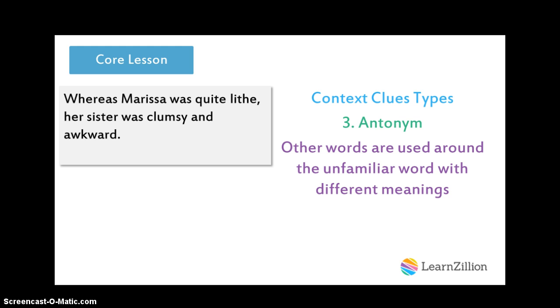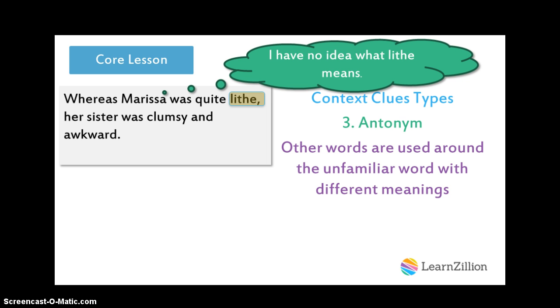For example, whereas Marissa was quite lithe, her sister was clumsy and awkward. I want to know what lithe means. I have no idea what lithe means. Maybe it's pronounced lithe. I'm not sure. But all I want to know is what the meaning is.